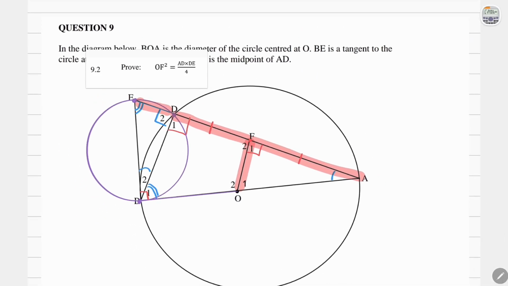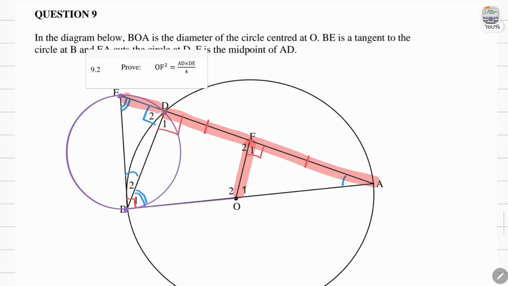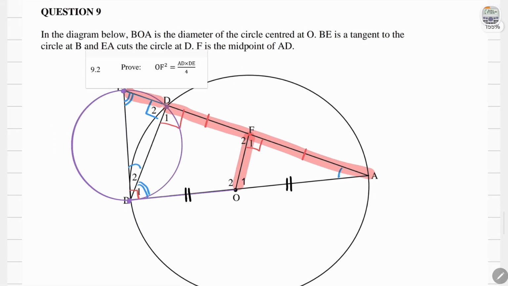If you look at this, you will start noticing that we have a situation here where OA is a radius, OB is also a radius, meaning these two are equal, and we're going to tell them this. So we have the case of the midpoint theorem here. If the midpoint theorem is true here, it would also mean that these two sides are parallel, but it also means that DB would be twice the size of FO or OF.